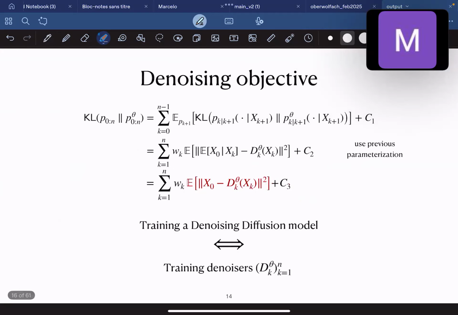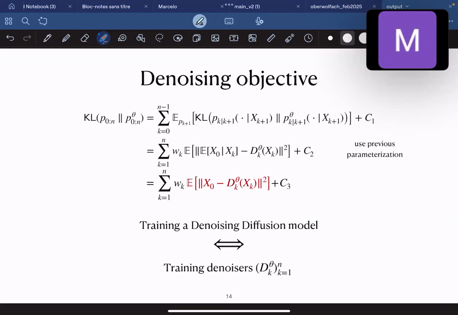And if you plug this approximation into the decomposition of the Kullback-Leibler divergence I just presented, then with simple algebraic manipulation you can show that training your neural network boils down to training your sequence of denoisers parametrized by theta.